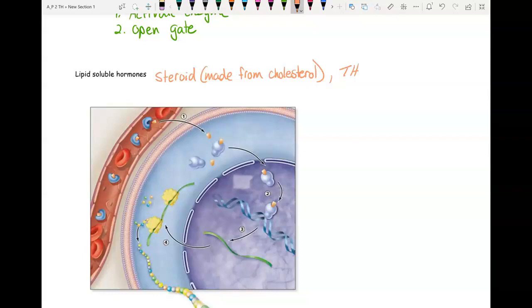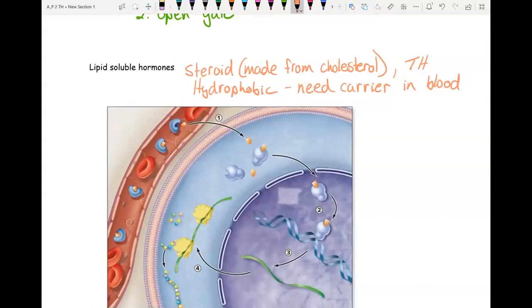So lipids, steroids, are going to be hydrophobic. This presents a challenge for hormones since they travel in the blood, and blood is mostly water. So they need a carrier in the blood. In this picture, here is the hormone, the yellow thing, and the blue thing here is the carrier.